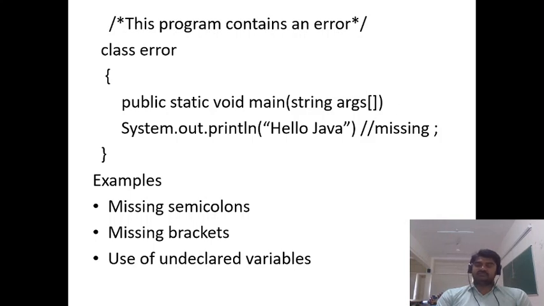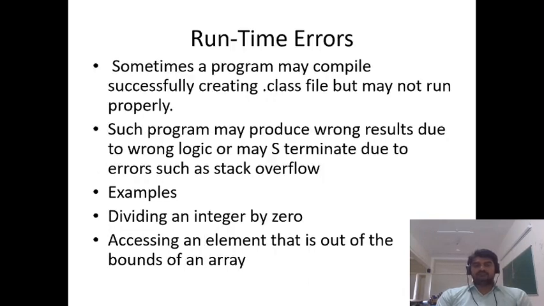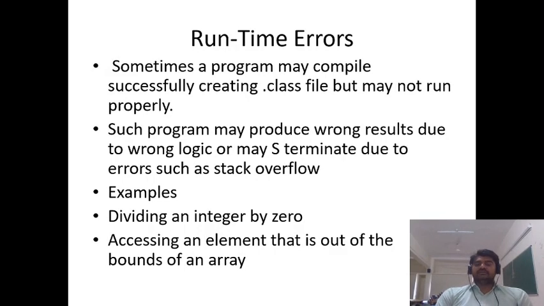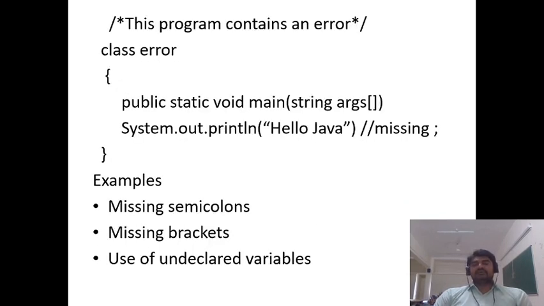That curly brace is missing here. Here the semicolon is missing. So the mistakes are a missing semicolon and missing brackets. This is the example for a compile time error. When you compile such a program, you will get errors like missing curly braces and missing semicolon.